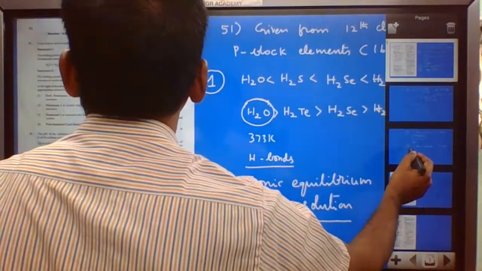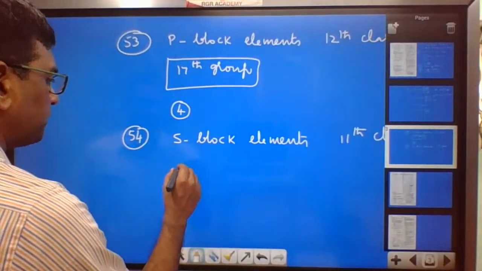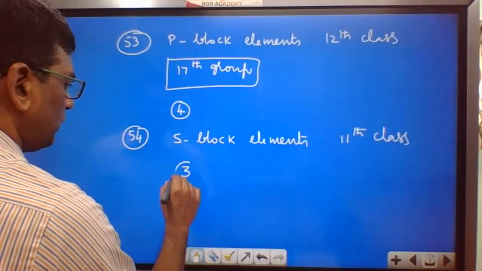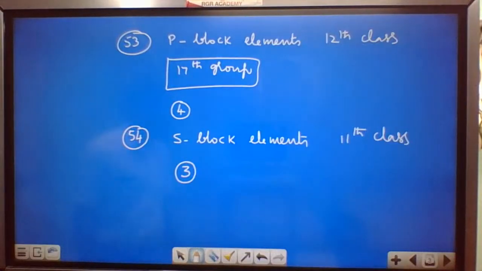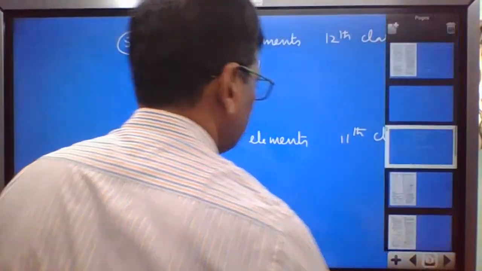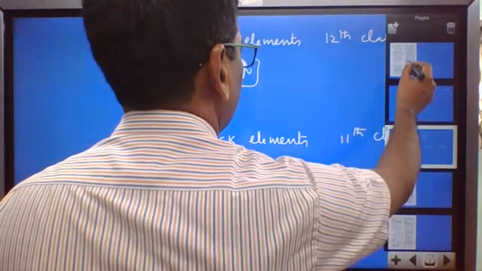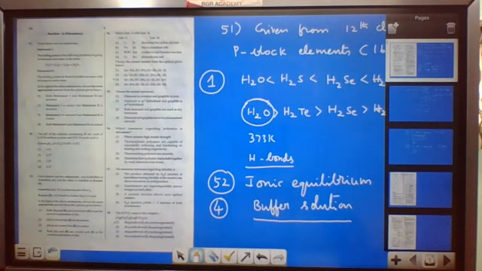So for 54, the third option is correct. It is from the textbook only, and it is given in the uses of lithium, sodium, in the S block elements.